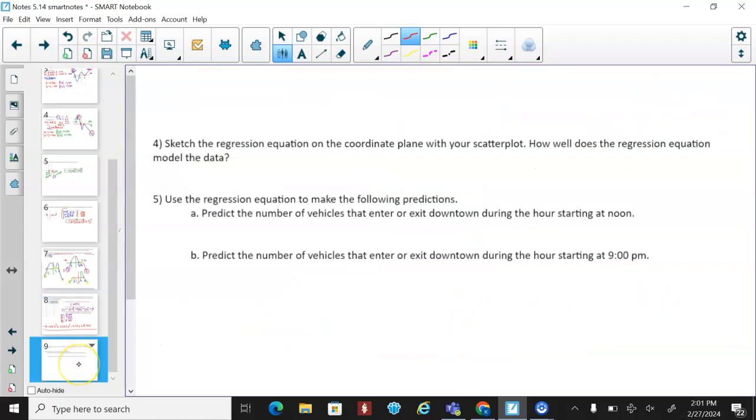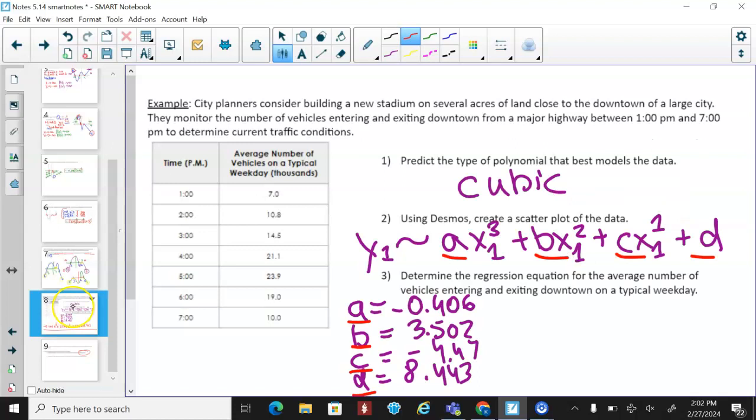Now, the next question says use the regression equation to make the following prediction. Predict the number of vehicles that enter or exit downtown during the hour starting at noon. So remember, our time started at 1 and went to 7, so at noon it would be at 0 hour.